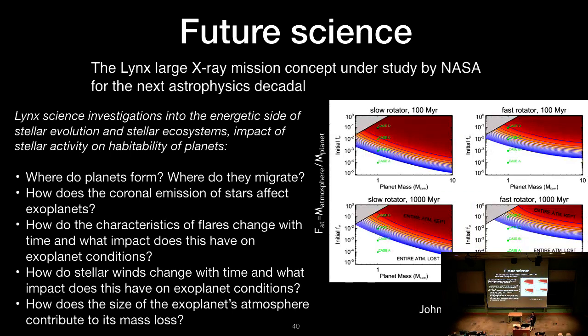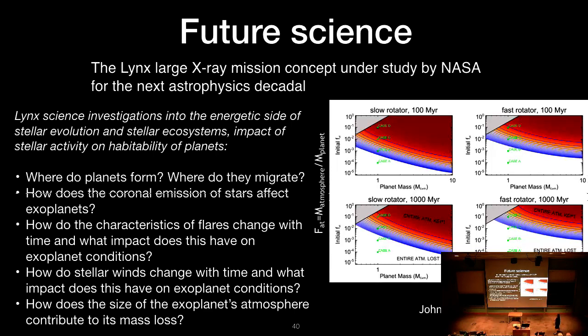And in the context of habitability and exospace weather and thinking about the impact of stellar activity on the habitability of exoplanets, there's a number of different questions that X-ray observations are particularly attuned in addressing.